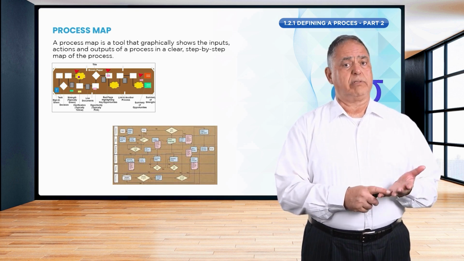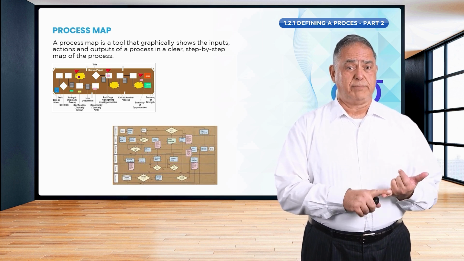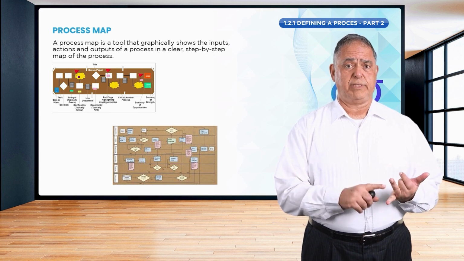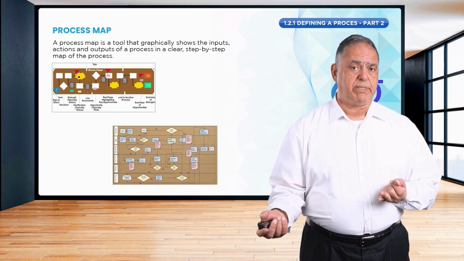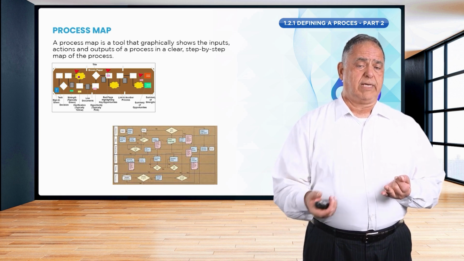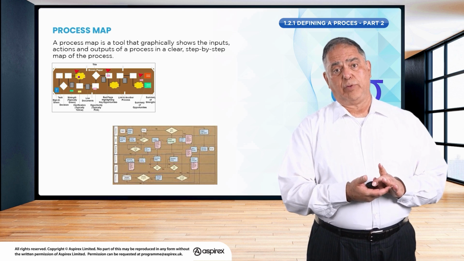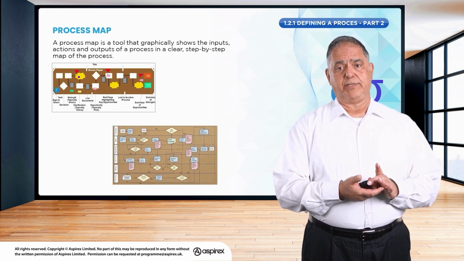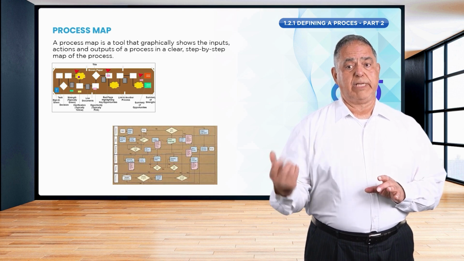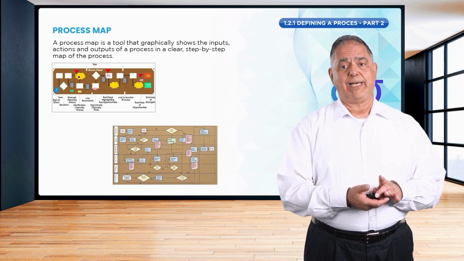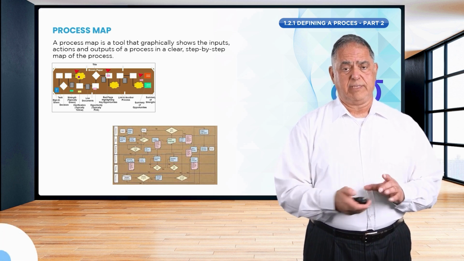This includes the process workers, like people that are subject matter experts about the process, and management, like the process owner, the champion, the sponsor of the project for which we're mapping the process, etc. And it also graphically shows the outputs of a process in a clear, step-by-step type of capacity.